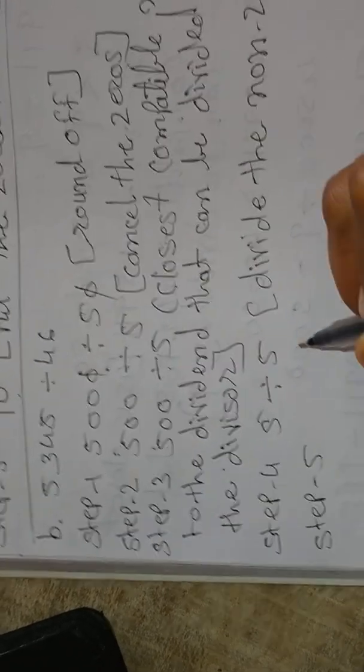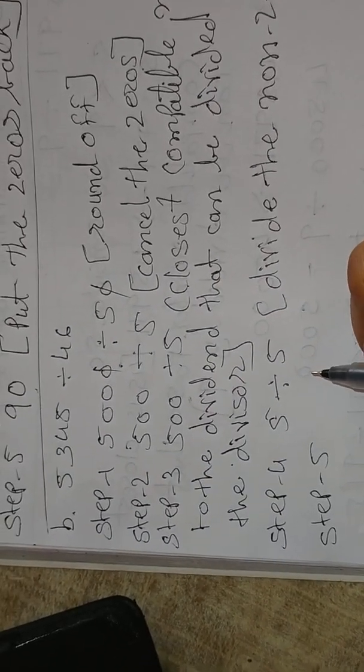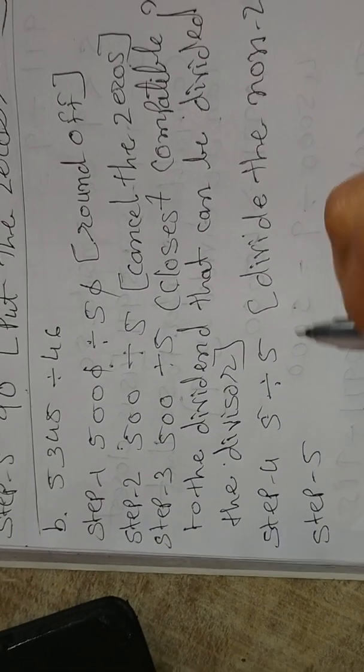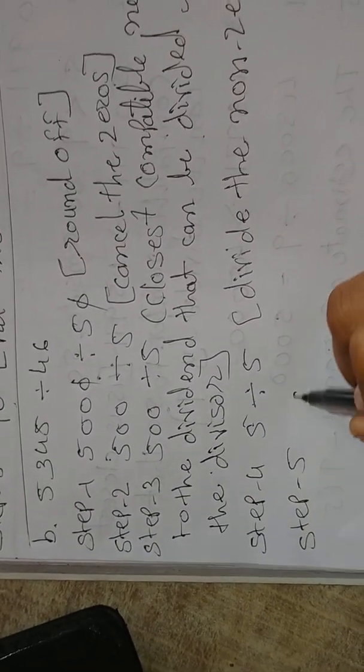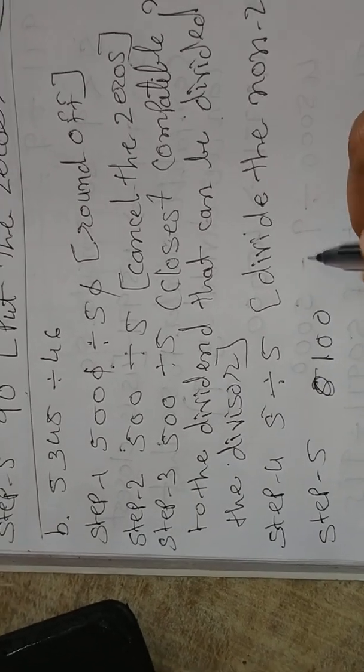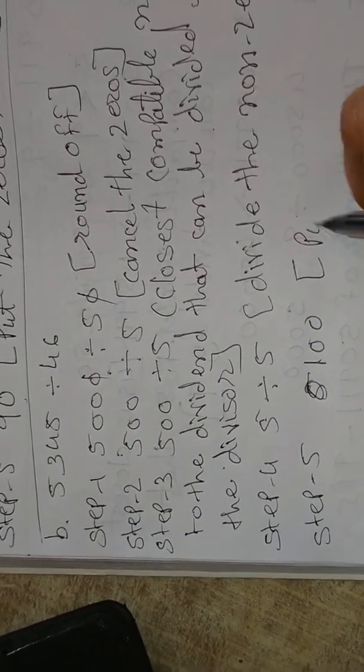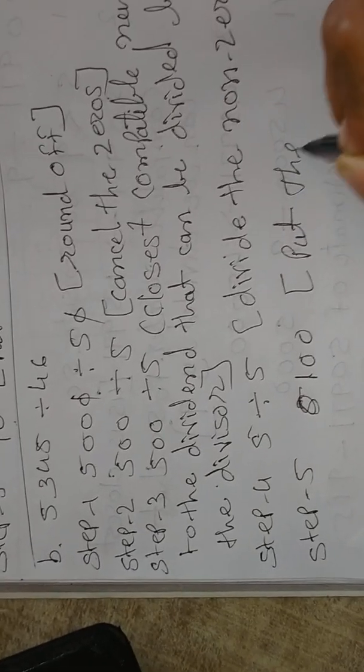And step number 5, 100 and in a bracket we have to write that put the 0 back, put the zeros back.